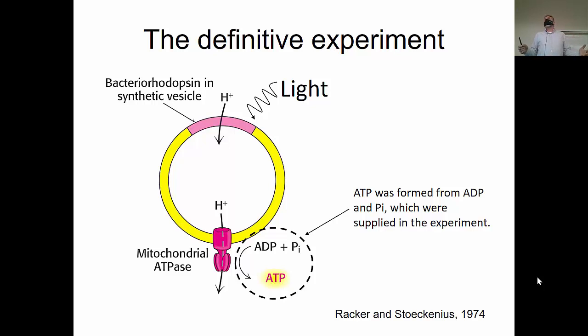What they found was that in the dark there was no ATP production, but as soon as they turned the lights on, this would produce ATP. So clearly, from two different organisms, two different domains in fact, since bacteriorhodopsin is bacterial or archaeal, and bovine is, of course, eukaryotic.